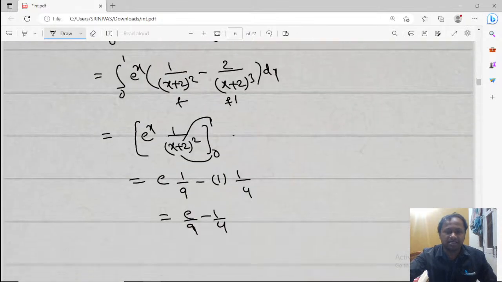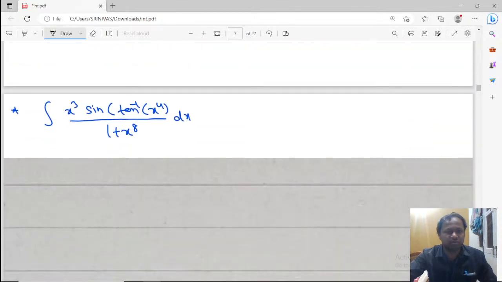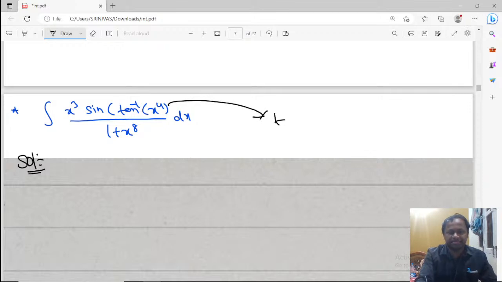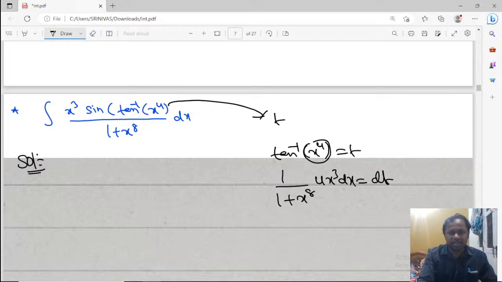Okay, next let us move on to one more question. This is also a direct theory question, it is an example problem. Here I will take this as t. Tan inverse of x power 4 is equal to t. So differentiating, 1 by (1 plus x power 8) times 4x cube dx is equal to dt.